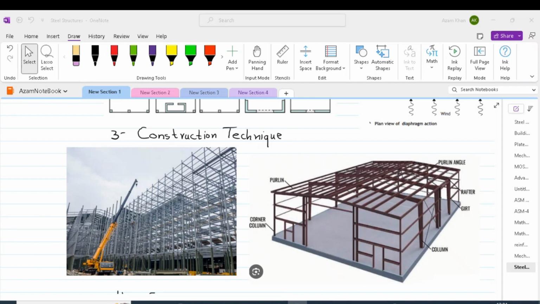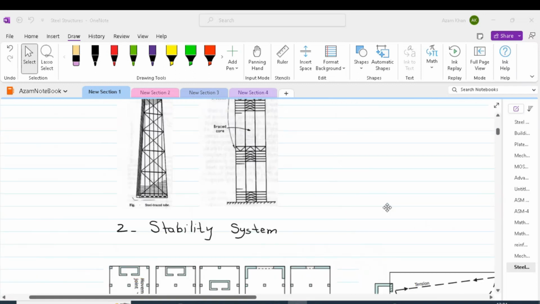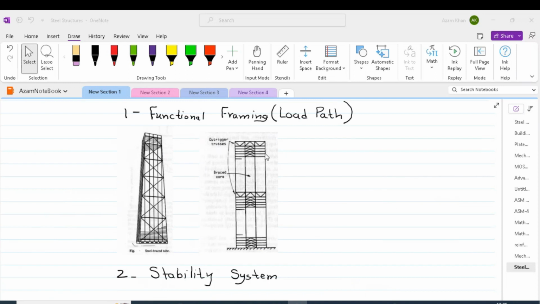In the case of top-down construction, we can have the floor completion starting from the top and bottom at the same time, or we can have the floor construction starting from the top. So, for example, in this outrigger system, once we construct our foundation and the main steel frame, we start our floor construction activities from the top and progress downwards.